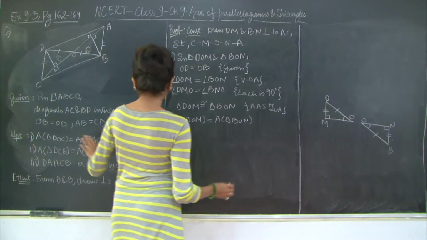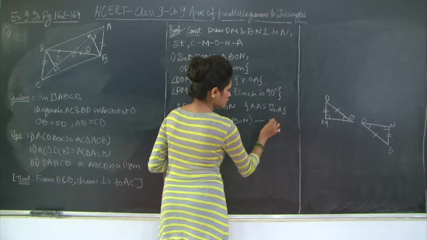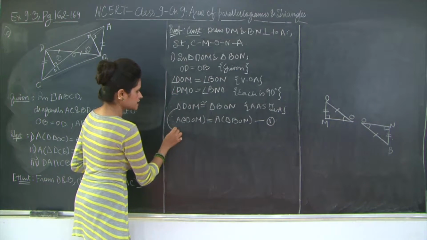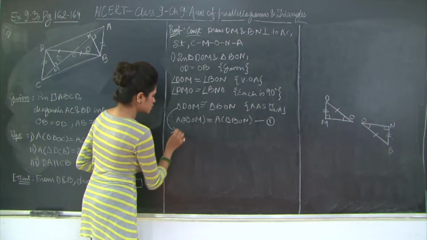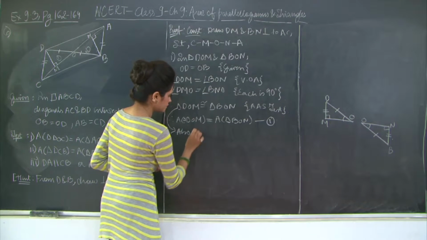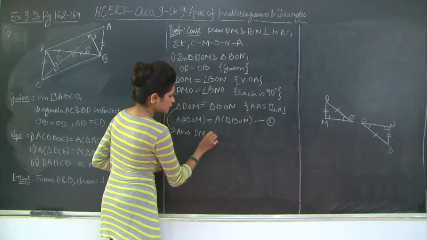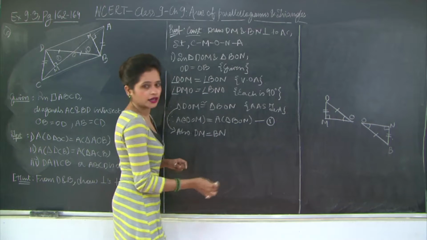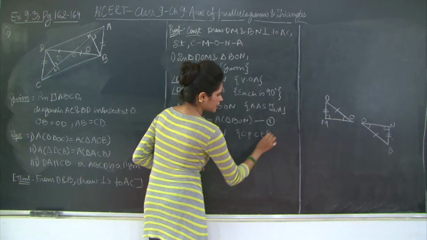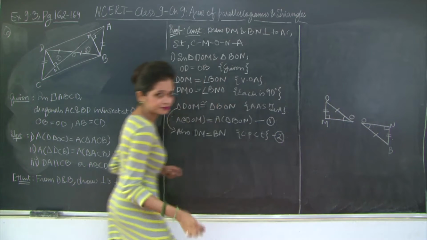This is what I will mark as 1. Okay. Now, using this, what can I say? Also, DM is equal to BN. Why? Corresponding pair of congruent triangles. Let's mark this as 2.